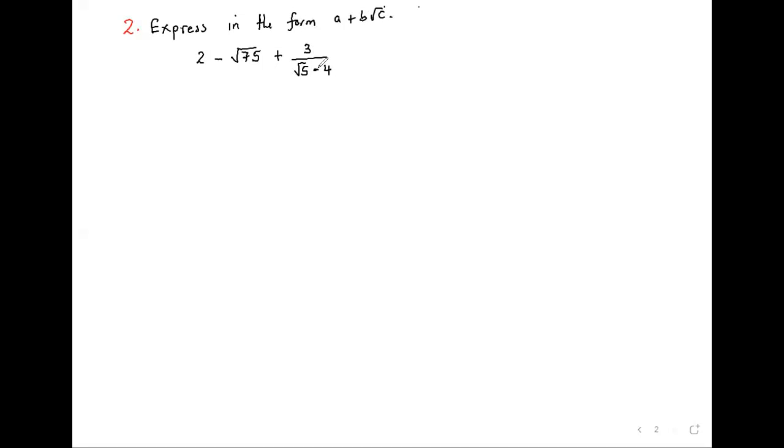So you see, so many things have been mentioned here. We want to express in the form A plus B root C. And then we have 2 minus the root of 75 plus 3 over root 5 minus 4. How do you do that?